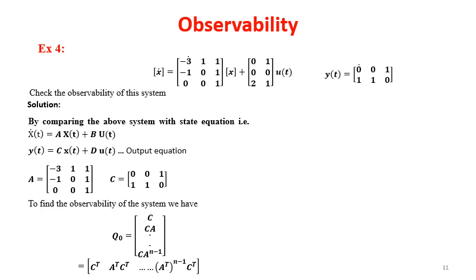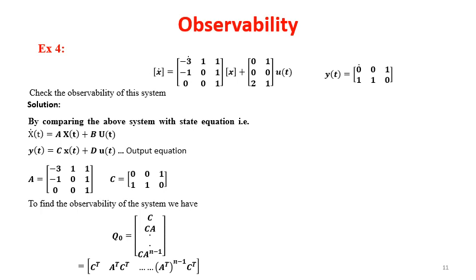To check observability of the system using the Kalman's test, we have Q observability or QO equal to C, CA and so on till C A to the power n minus 1, or C transpose, A transpose C transpose, and so on till A transpose to the power n minus 1 C transpose, like that also we can find out.